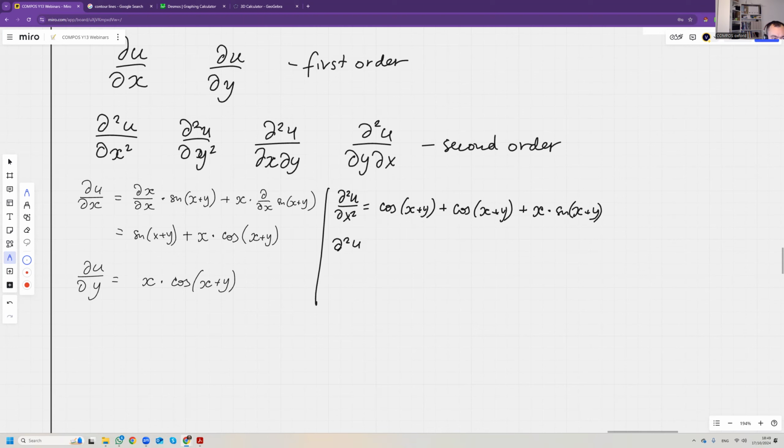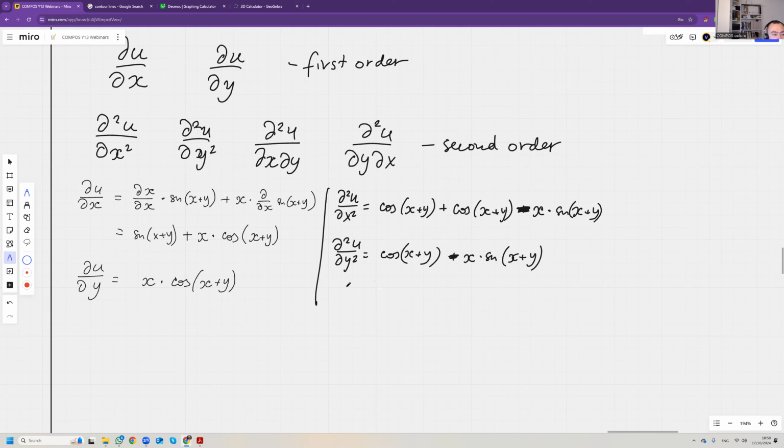Now d squared u dy squared, we differentiate that, it's going to be cos x plus y plus x multiplied by, or minus, sine x plus y. And I think, yes, there's a minus here as well.